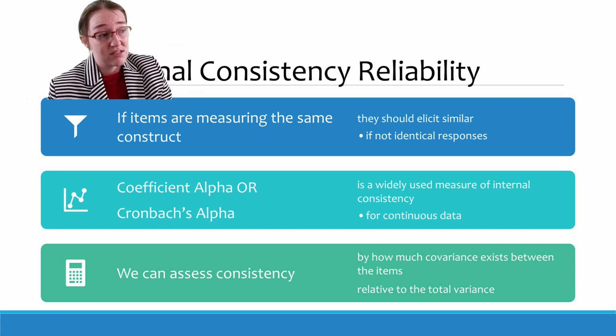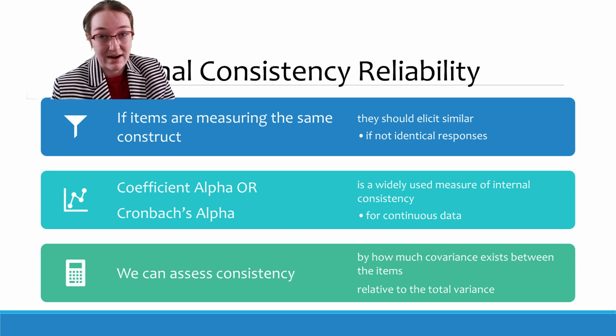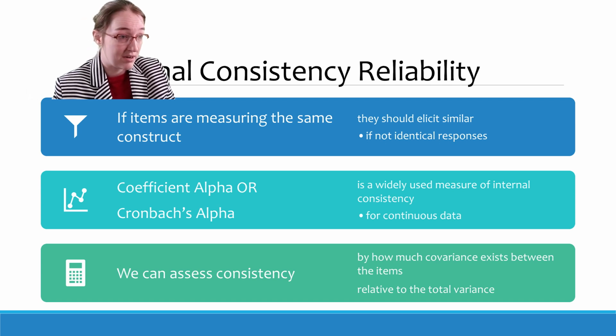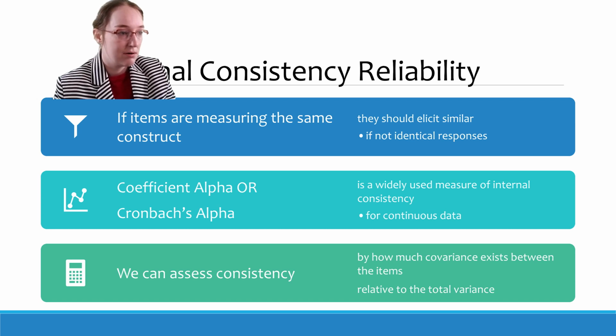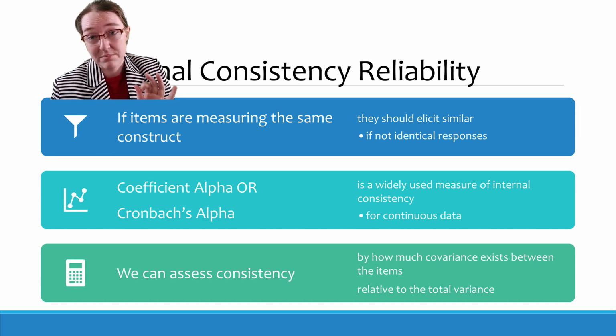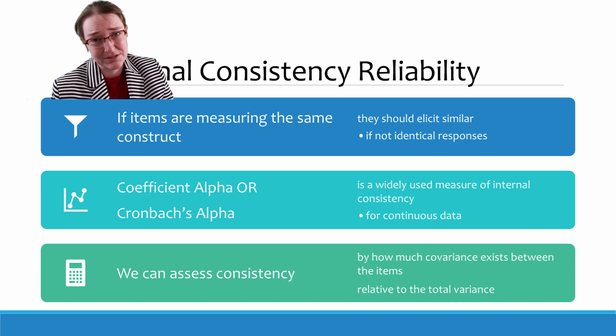But this test is just super, super popular. It's the most popular out of all of the ones we're going to talk about. When people say alpha, this is what they're talking about, because it's a really great measure for continuous data. Also, it's way easier than having to develop two forms.